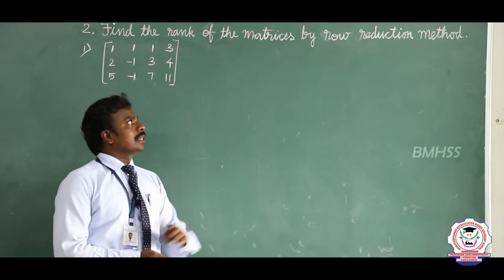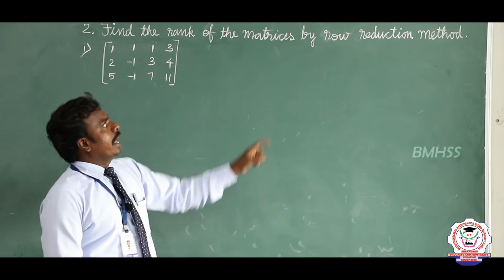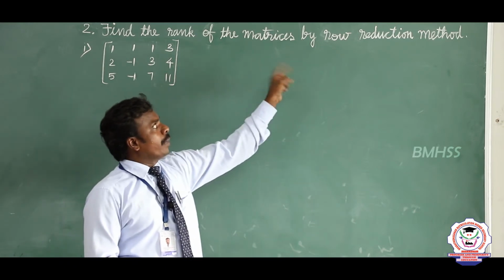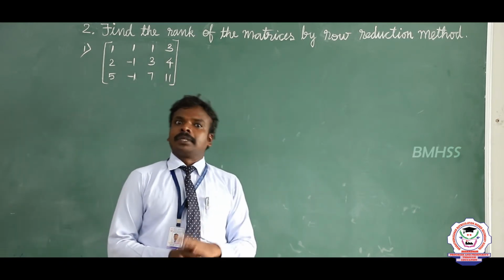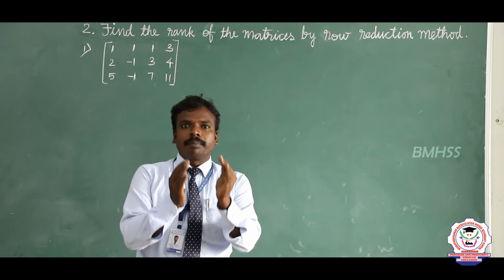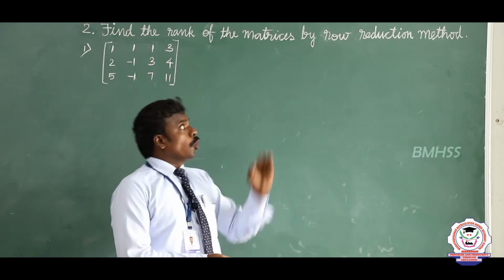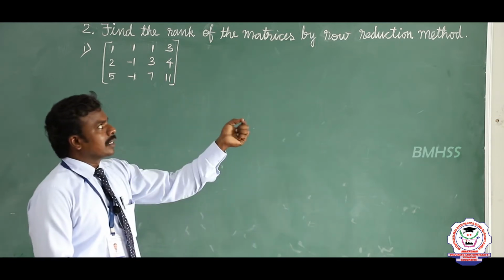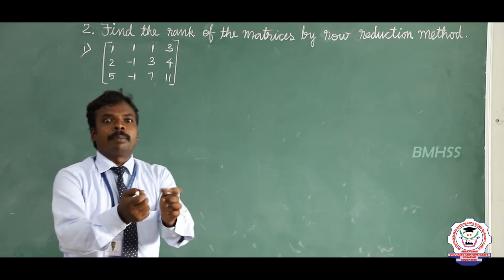In the last sum, we have seen how to find the rank by minor method. Minor method is nothing but the determinant method. In the row reduction method, row reduction means reducing the number of rows.